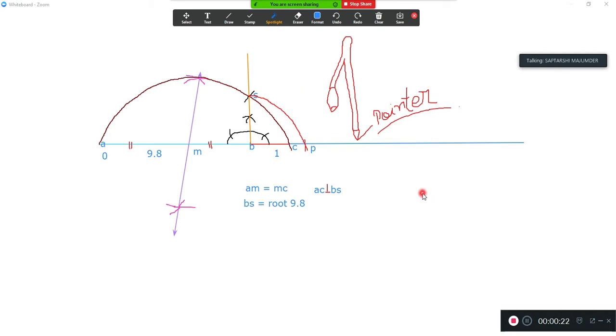After constructing the asked problem, we represent the root of that value on the number line after a few certain processes.